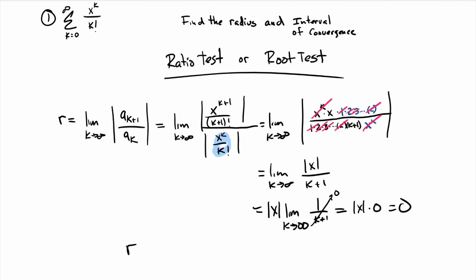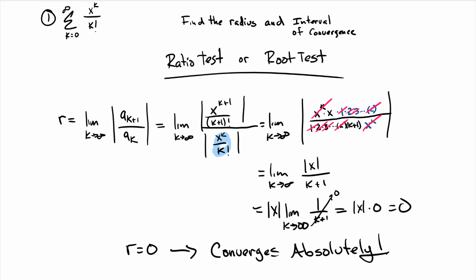So our little r is 0. What does it mean when r is equal to 0? This implies it converges absolutely. Well, what does that mean? It means it works for everything.